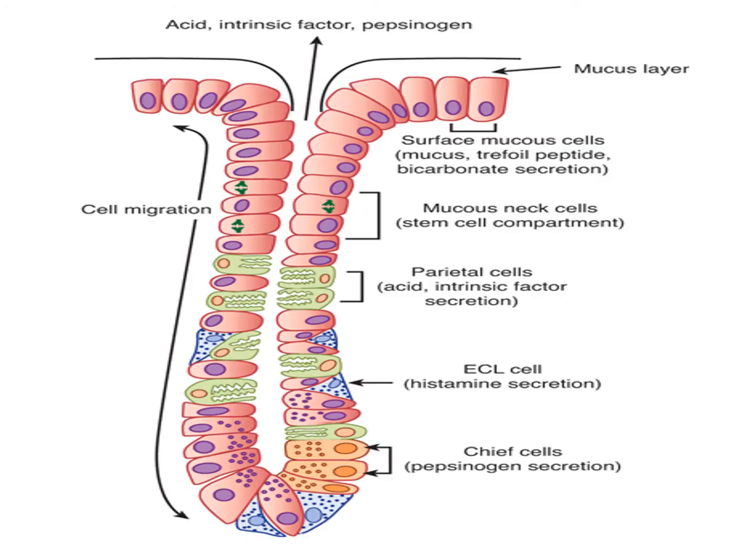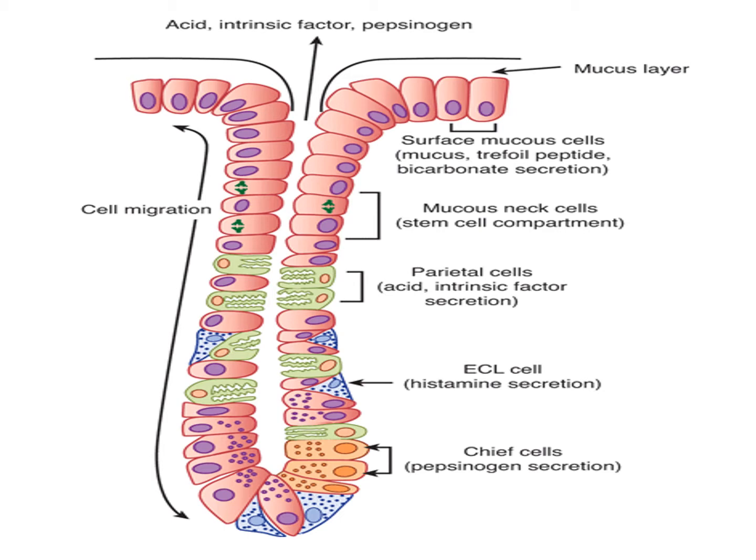This is a schematic diagram of a single gastric gland in cross section. You can see it is long, straight with a tubular lumen. On the surface, you can appreciate there are surface mucus cells which somewhat invaginate in the upper parts of the tubular lumen and give rise to the isthmic cells.